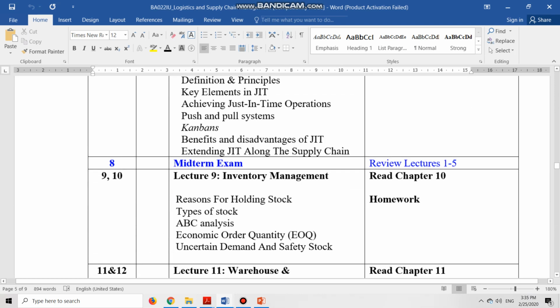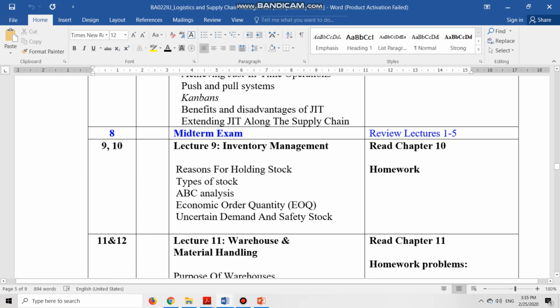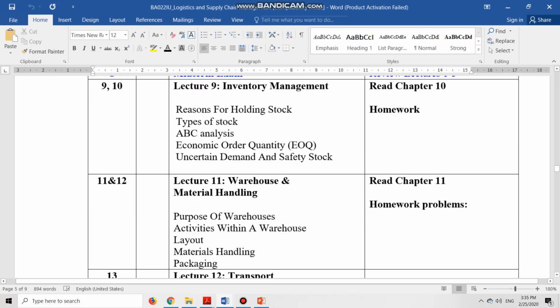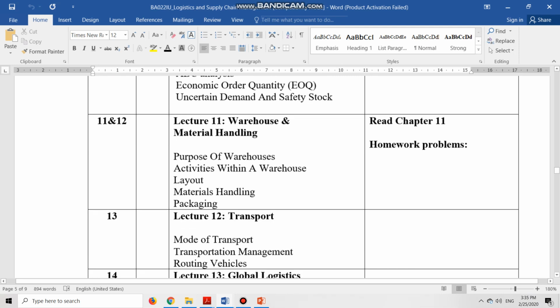After that, we will have the midterm exam. And after the midterm exam, we will learn about inventory management. In weeks 9 and 10, and weeks 11 and 12, we will learn about warehouse and material handling.